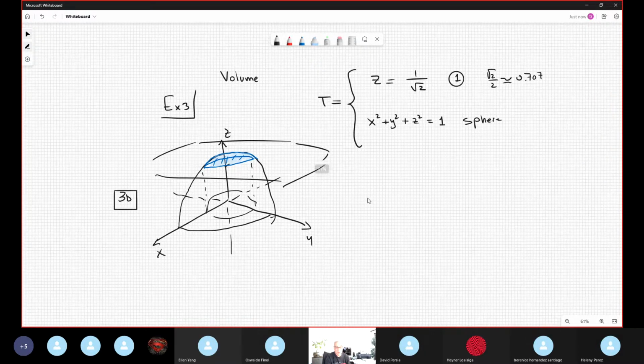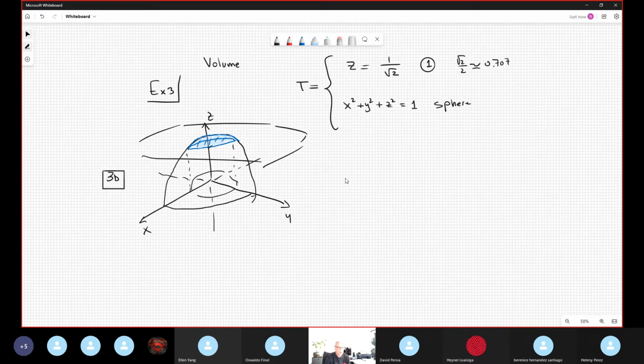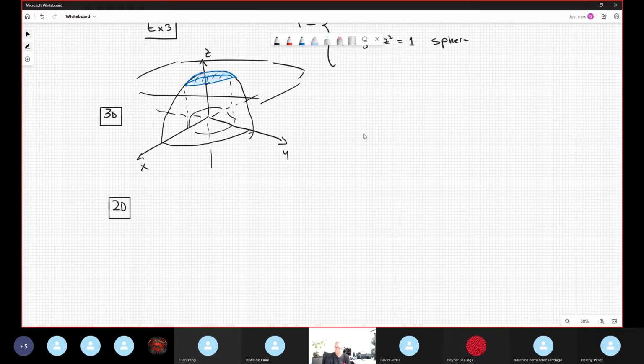However, to support this idea we are doing 2D. Remember, in spherical, I highly recommend 2D. One for the plan, and another 2D, the lateral view.